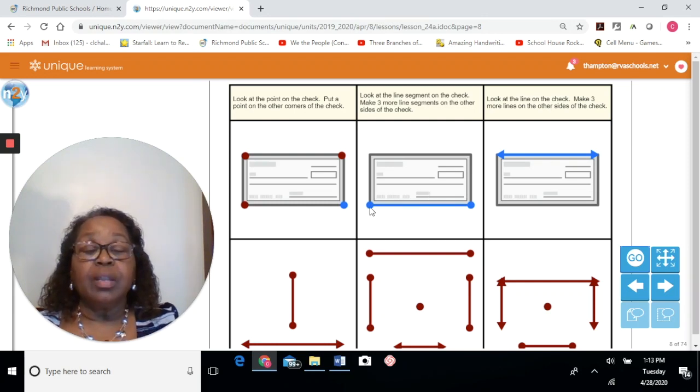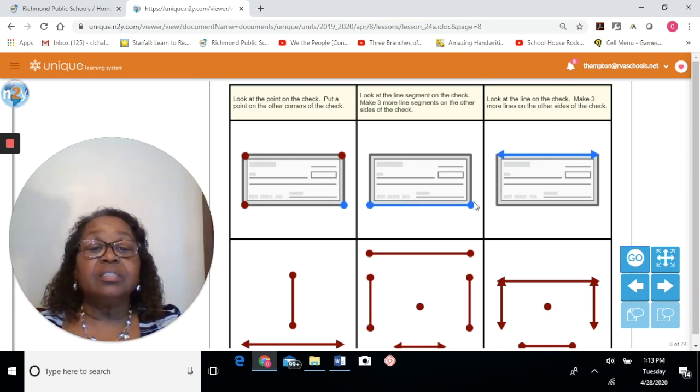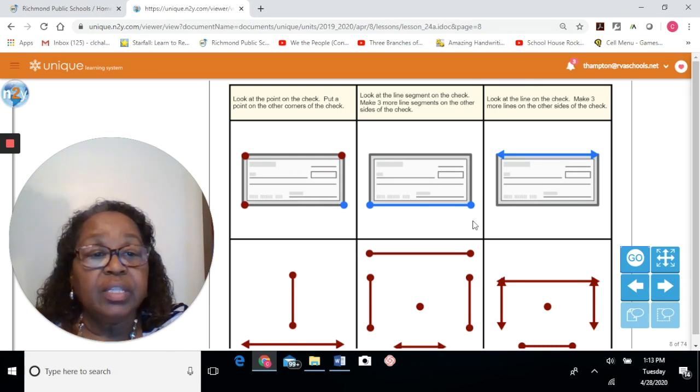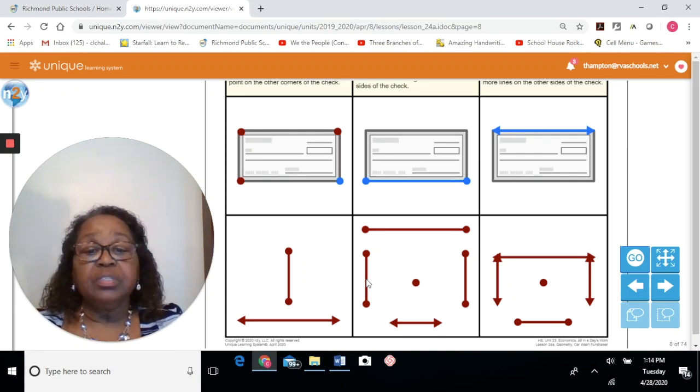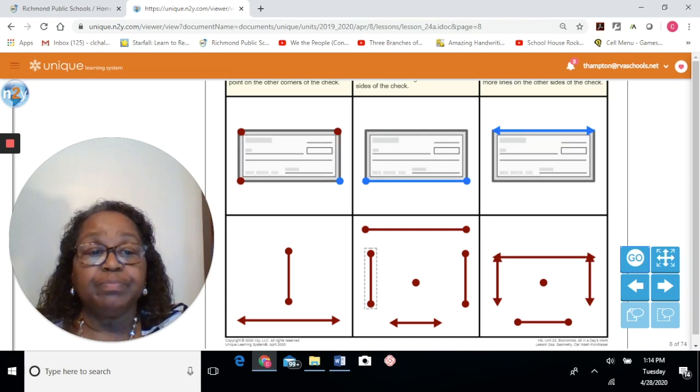Look at the line segment. Remember, a line segment is a line, but it has a beginning and an ending. Begins, ends. Okay. So if we're looking in this box, we cannot pull out a line. We have to pull out a line segment. So this will not do. But this is a line segment, but it's not going in the same direction, right?